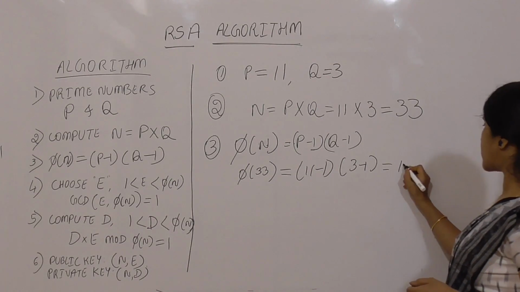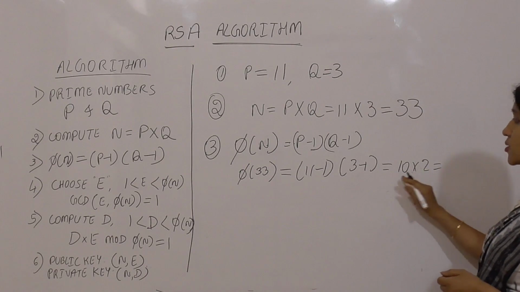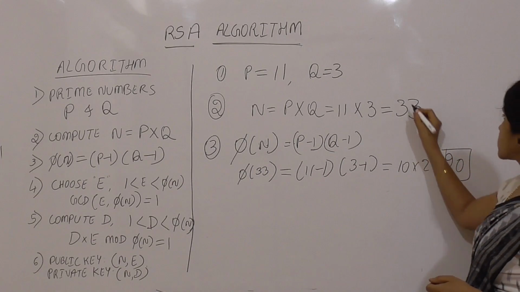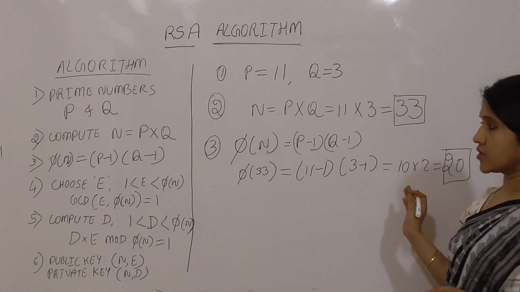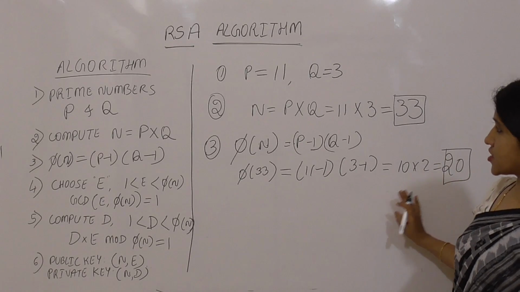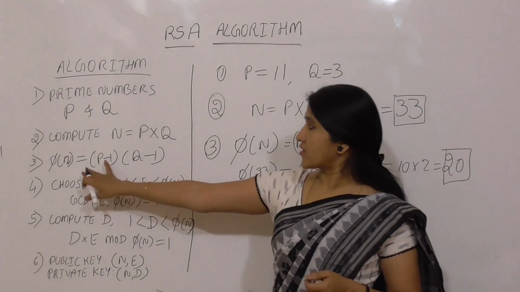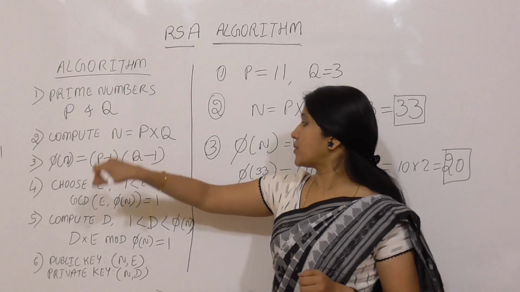That means 10 into 2, that's nothing but 20. Okay? So this is 20 and this is 33. So step 3 done. I know my phi of n, I know my n, I know my p and q.